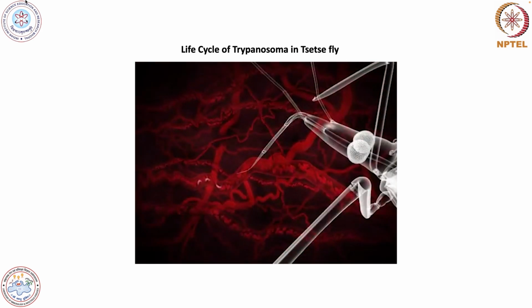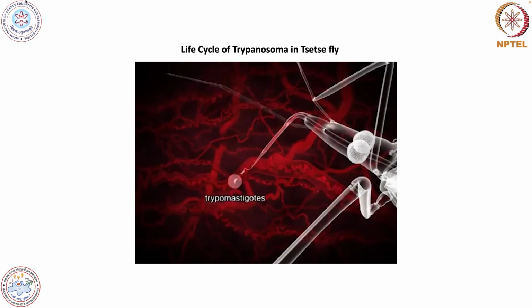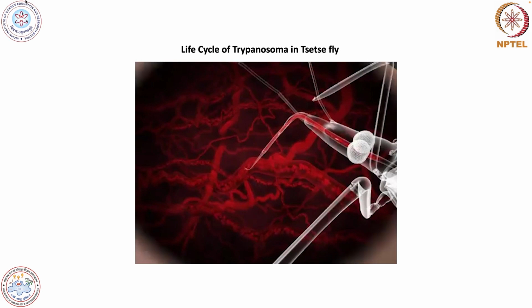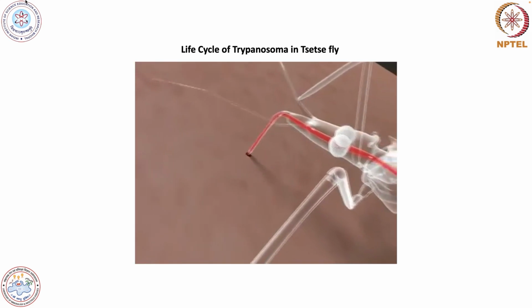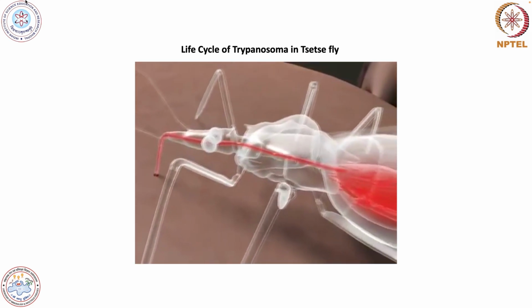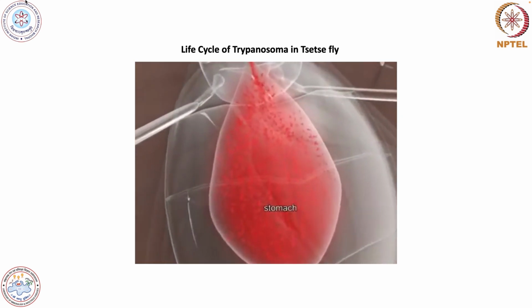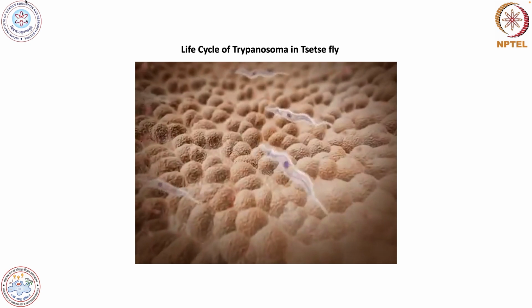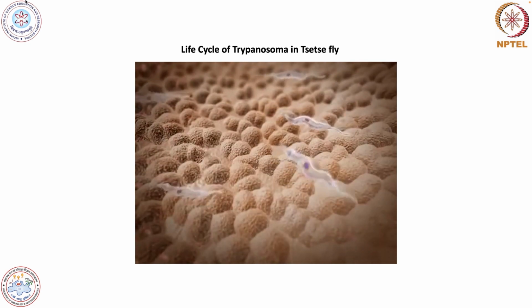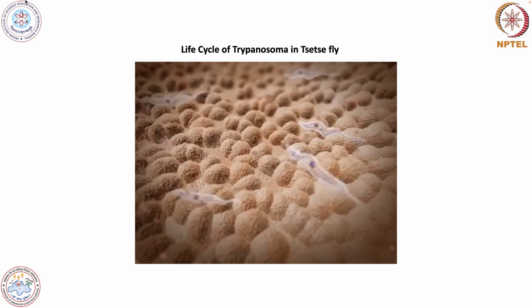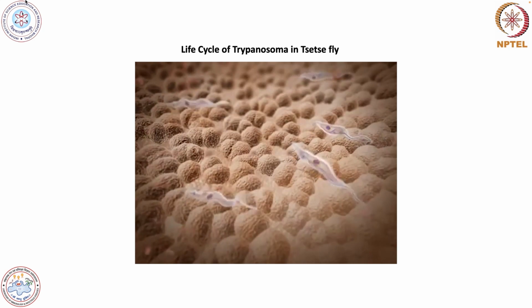In this video, we see the life cycle of Trypanosoma cruzi in the insect. The life cycle of Trypanosoma cruzi in the invertebrate host begins with the ingestion of trypomastigotes present in the blood of the vertebrate host during a blood meal. In the stomach of the insect, trypomastigotes transform into epimastigotes and spheromastigotes.